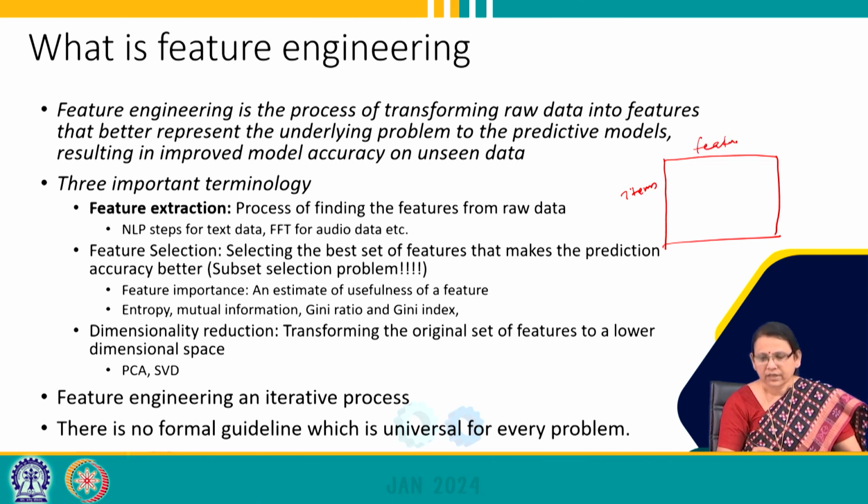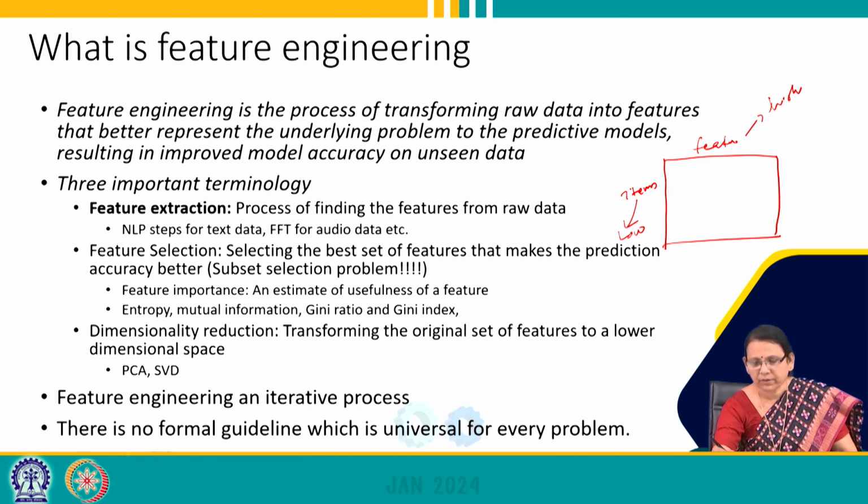Now, if the number of features are very high compared to the number of items or the number of objects, what is going to happen? What is wrong going to happen, that we must first understand.